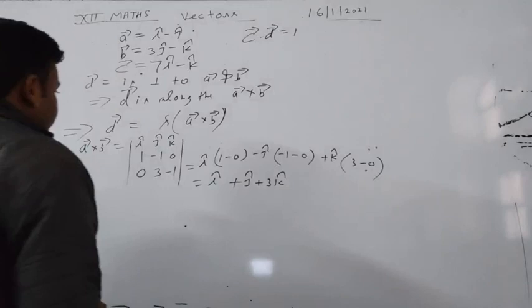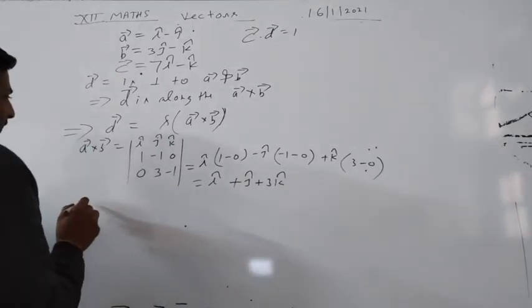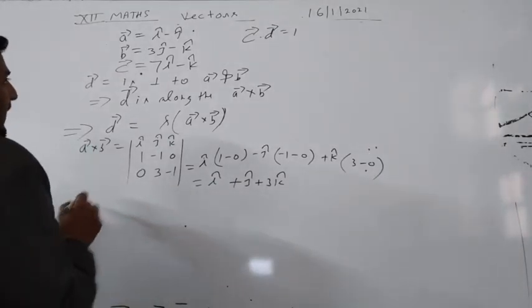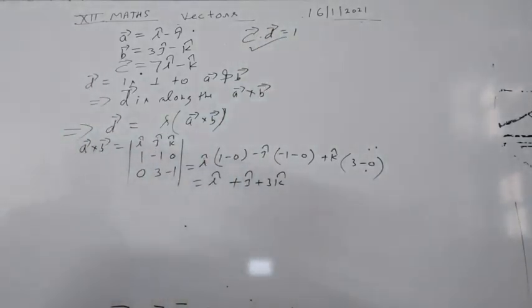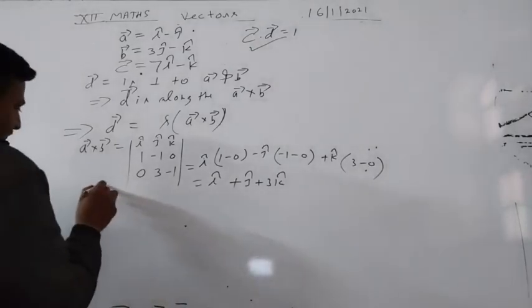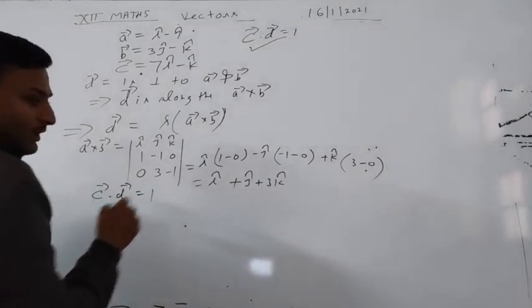Now for our vector D, we are given that C dot D is equal to 1. So we write C dot D is equal to 1.